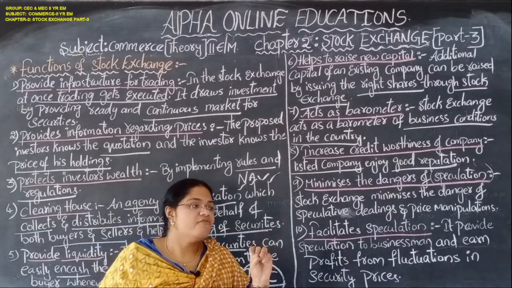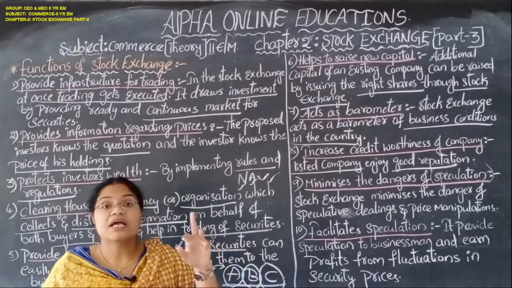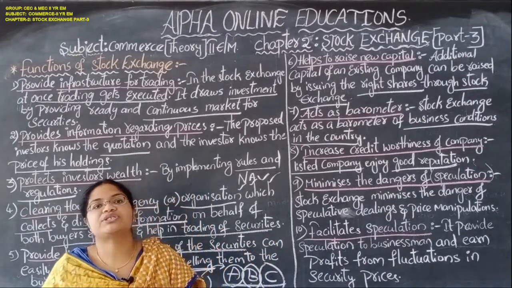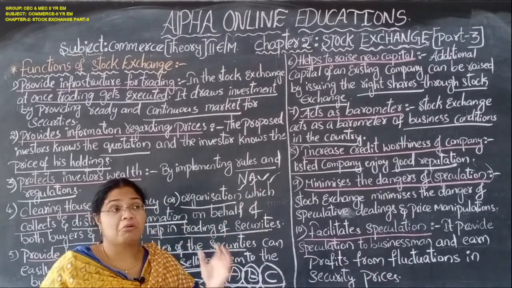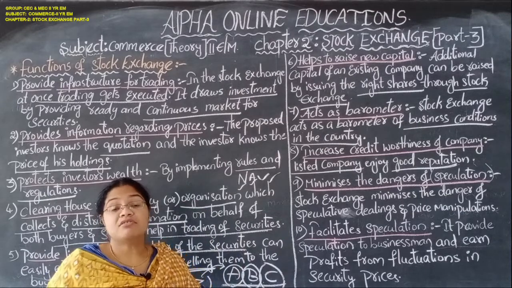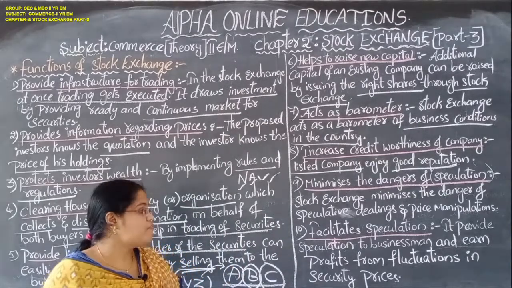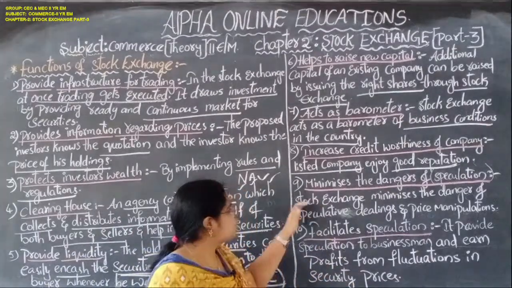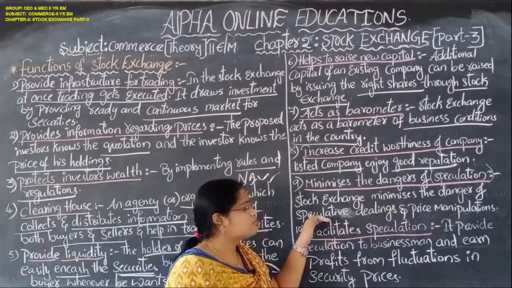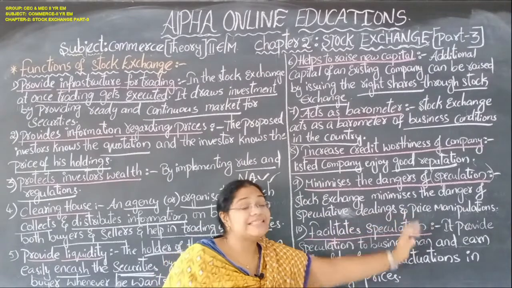In that, NSE is the most important stock exchange. Its turnover is too much, in crores, trillions lo untundi dani turnover. So that is the biggest stock market in India. So stock exchange minimizes the danger of speculative dealings and price manipulation.